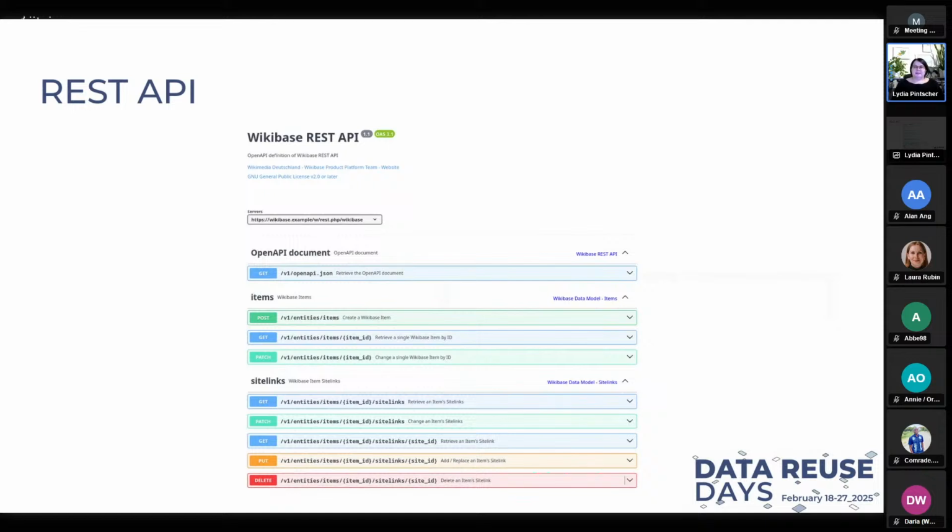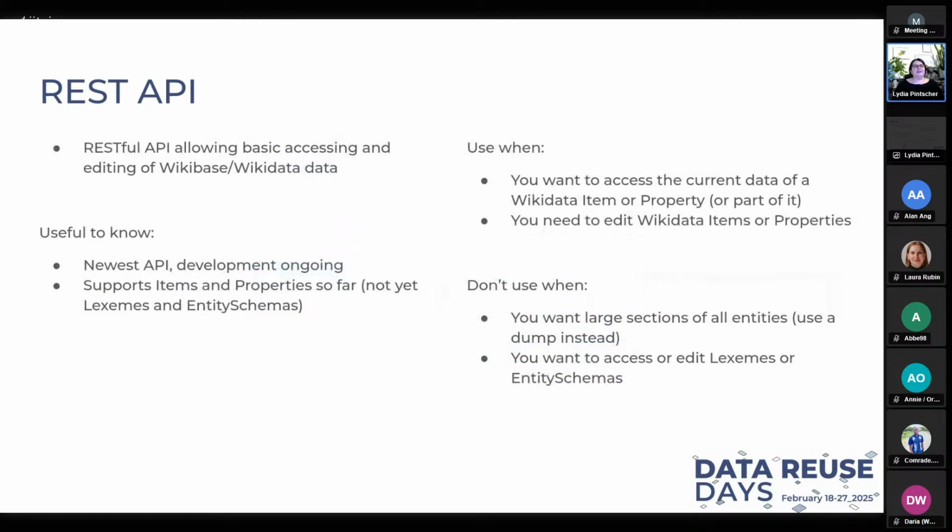And that brings us to the REST API, which is the newest kid on the block. It is a RESTful API that allows you basic access and editing to Wikidata's data. Useful to know here, it's the newest one.